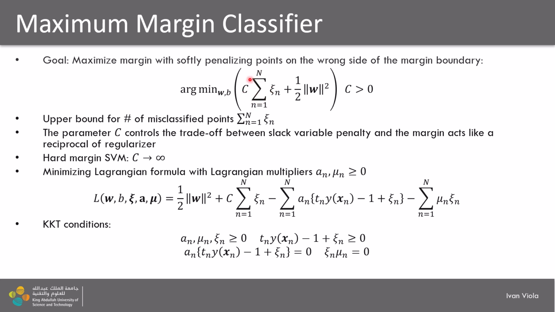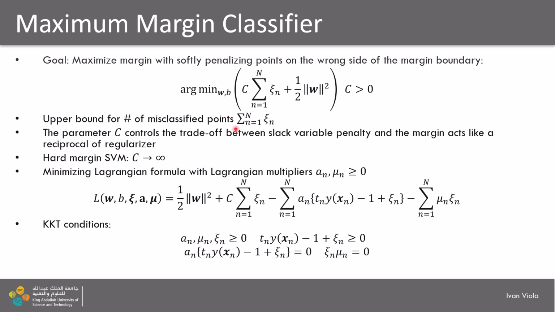So in the case that C is infinity, we will resort back to the hard constraint case. And it basically is defining an upper bound for the number of the misclassified points, given by the sum of this slack variable.